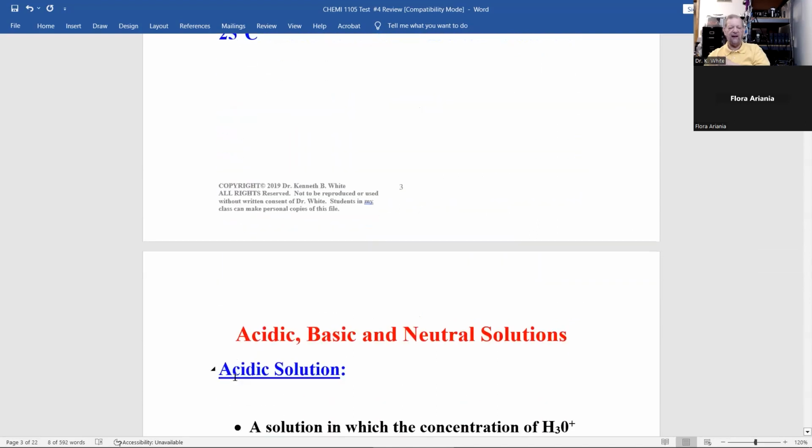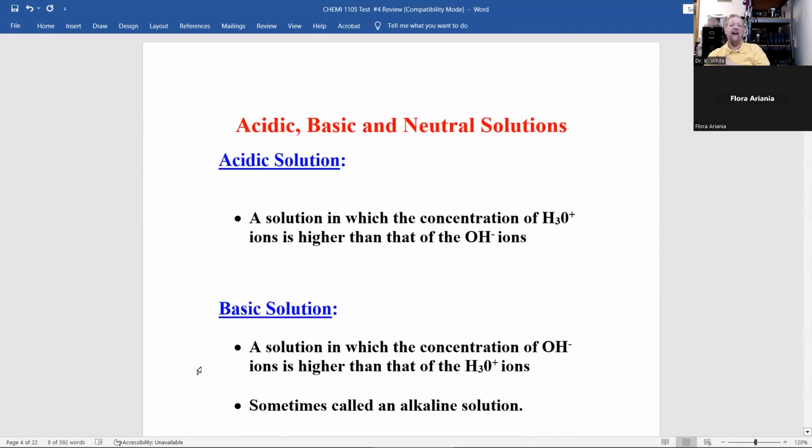Now, when we talk about acids and bases in aqueous solutions, there are three terms you should be familiar with. Acidic solution. You should know an acidic solution is a solution in which the hydronium ion concentration is greater than the hydroxide.